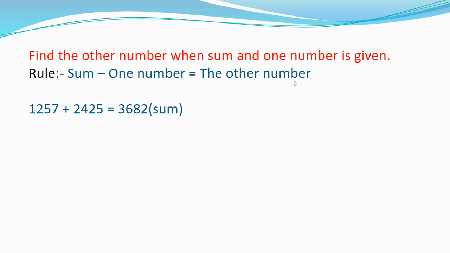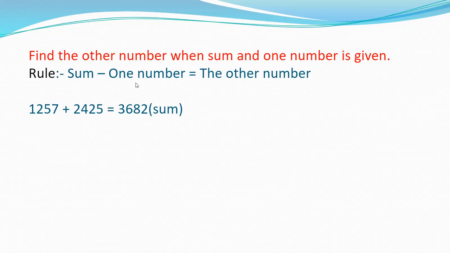If we are adding two numbers and the sum is this, to find this first number, we will subtract the second number from the sum. And to find the second number, we will subtract the first number from the sum. So property is clear.